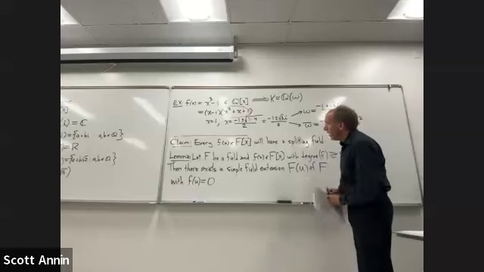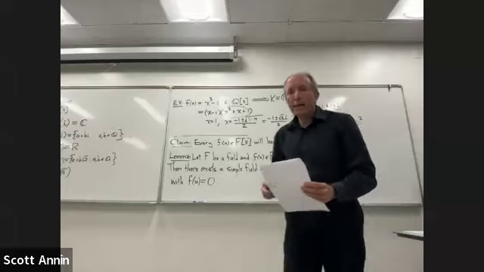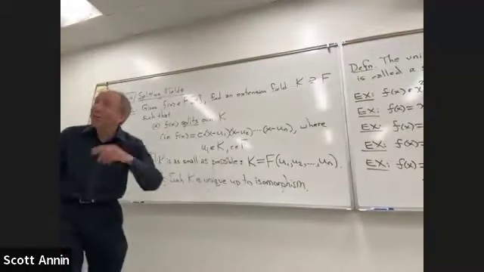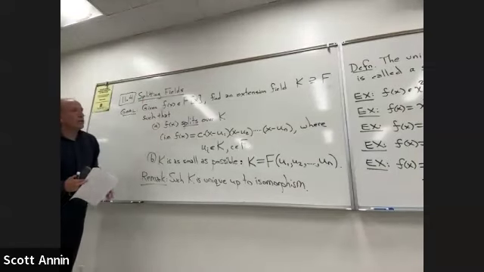So just a single element being adjoined to the base field. I'd like to start by proving that, and then we'll prove the bigger result that we can in fact always find a splitting field for every polynomial f of x, which is what these two conditions are.